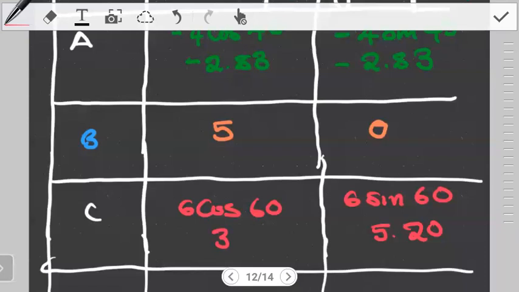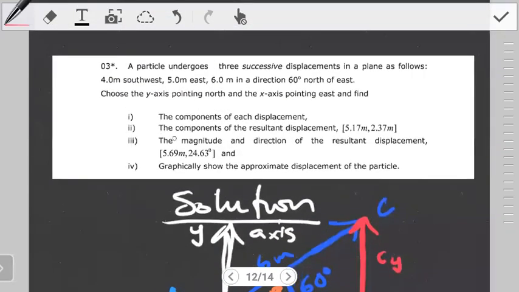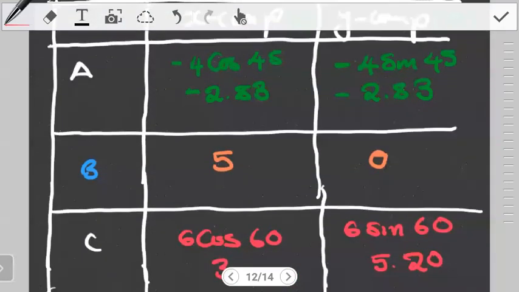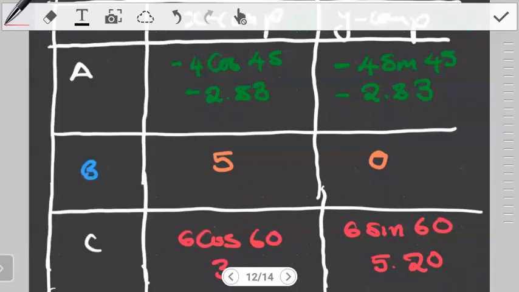So doing this, we have obtained the components of each vector. So this answers part 1, getting the components of each vector. Now, the second part of this question is the components of the resultant. To get the components of the resultant, all we have to do is add the components of each vector according to the respective components or respective axes.